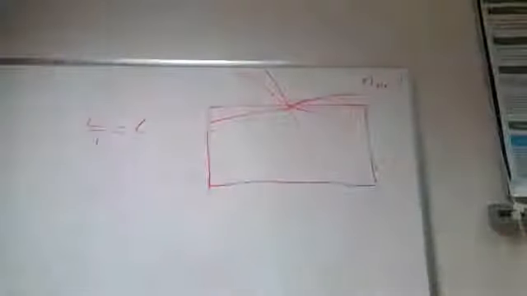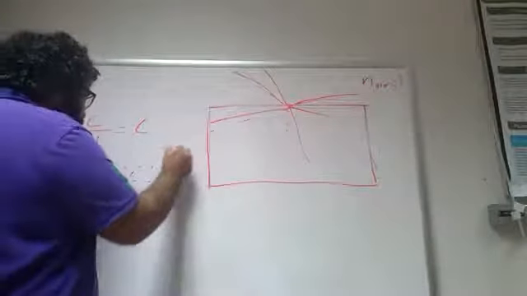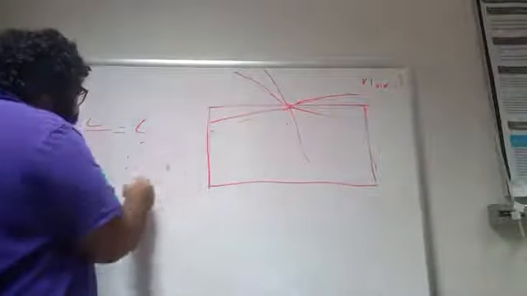Now, one of the more interesting things that happens in the water when it's not clean, when it's dirty like this, is scattering. What scattering means is you have imperfections in the light.